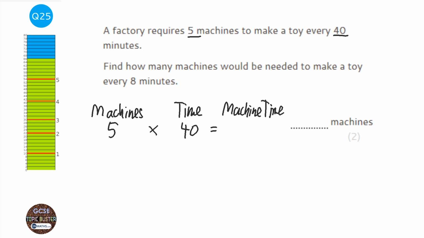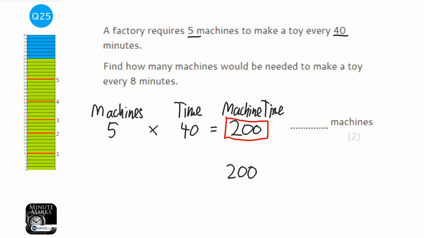Okay, I've just made that up. So 5 times 40 is 200. Now that 200 there is really special because that 200 must always be the same. The machine time must always be the same.